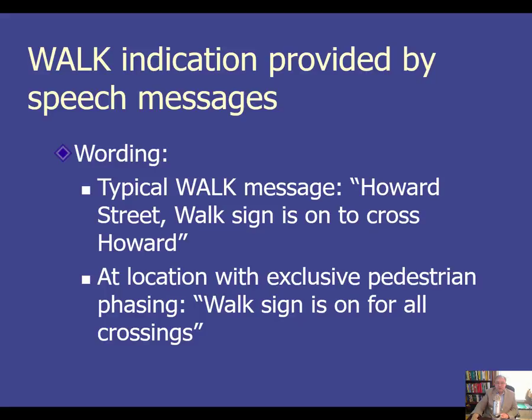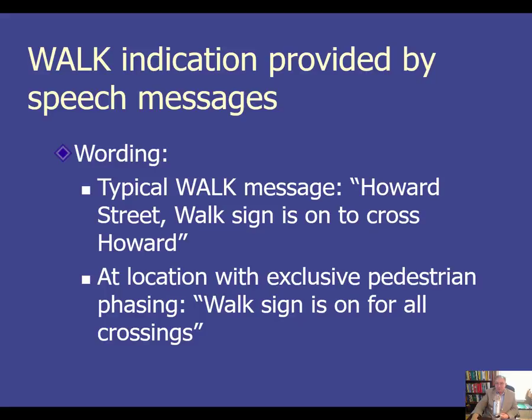And typically, if there's a speech message, it won't say, "Time to cross now." And that's a liability issue, because if somebody would cross based on that and get hurt, the city would be liable. So instead, basically what they'll say is, Howard Street, for example, walk sign is on, is all it will say.